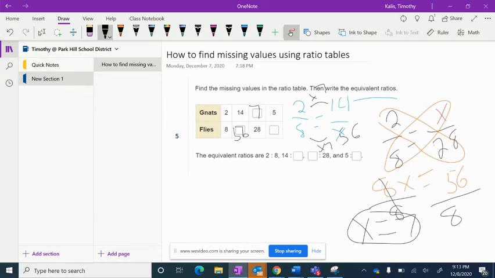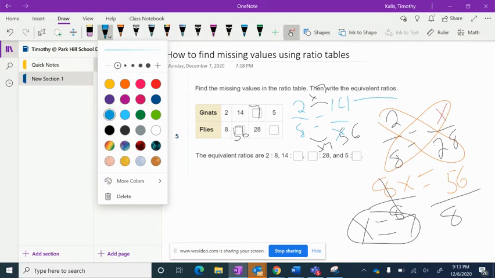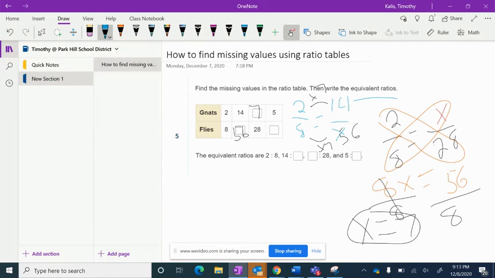Now, for our last value, if we have 5 gnats, how many flies do we have? Well, we can use cross multiplication again. So for that last value, we have 2 gnats to 8 flies equals 5 gnats to x flies.